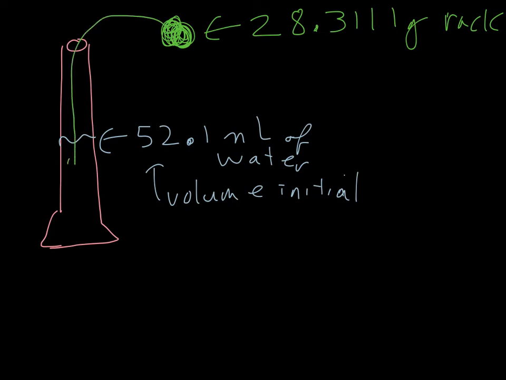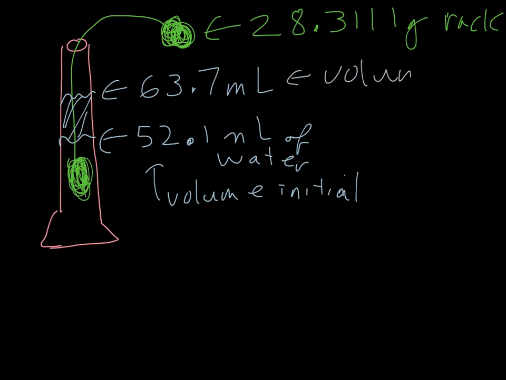So I place my rock in my water, and the level rises to a new volume of 63.7 milliliters after I place my rock in the water. So that's my volume final. So what is the density of my rock going to be?